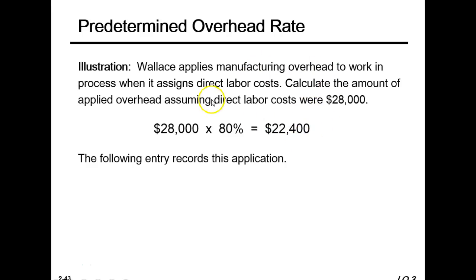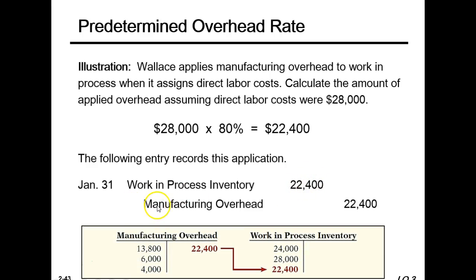So $22,400 of the manufacturing overhead will go into work in process. So we'll debit WIP $22,400, and we'll credit our manufacturing overhead $22,400.